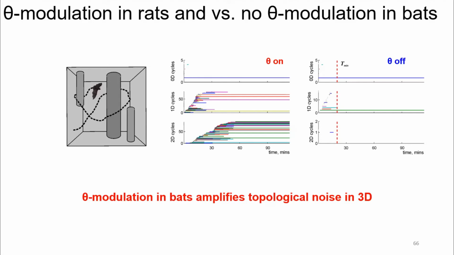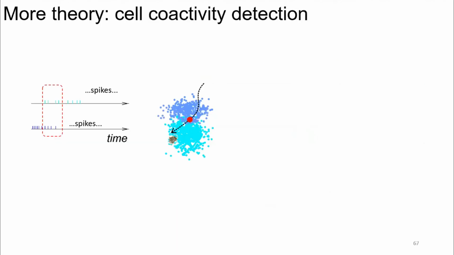Okay, so there are several more theoretical questions that we can address with this model. The way I was describing this whole procedure, we were looking at spikes and coactivity of spikes, which we interpret as this overlap of regions and so on. Now, when I talk about coactivity of cells, what is coactivity?